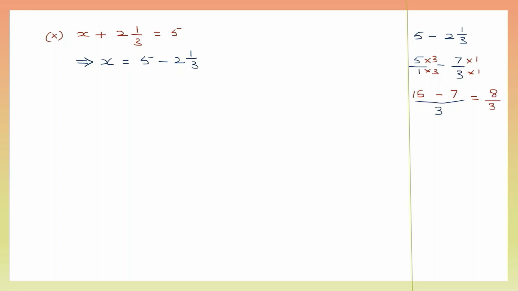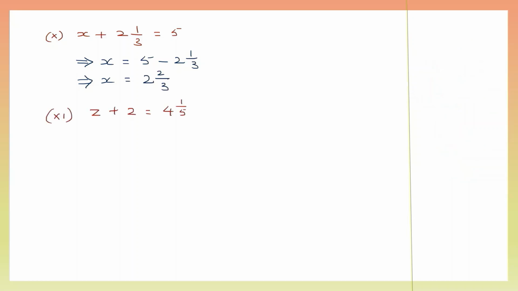So we have solved this. Now let's convert 8 by 3 to a mixed number. 3 2s are 6, minus 2. So the mixed number will be 2 by 3. So we have found the value of x to be 2 by 3.